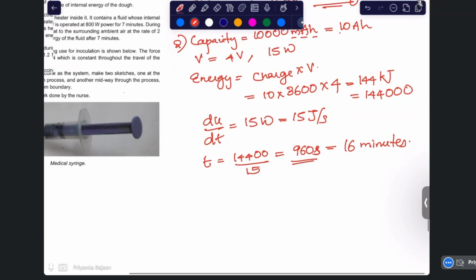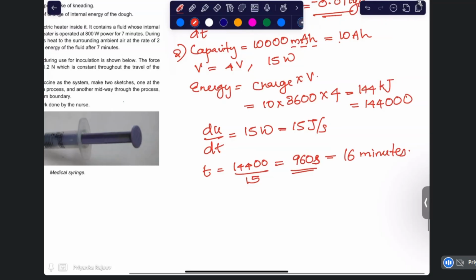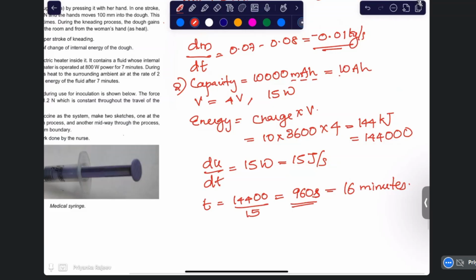So what we have done is, the energy capacity is given in ampere hour. Energy, we know, is charge times voltage.